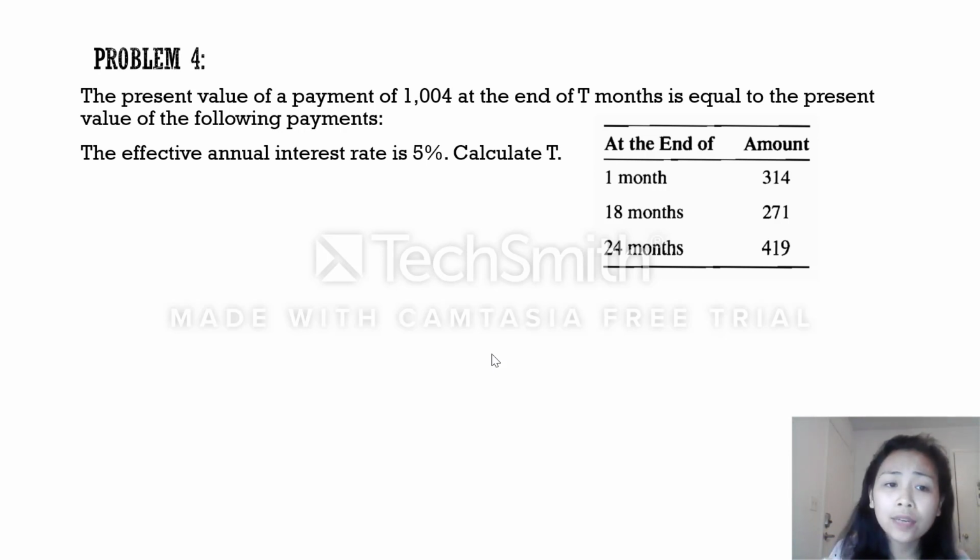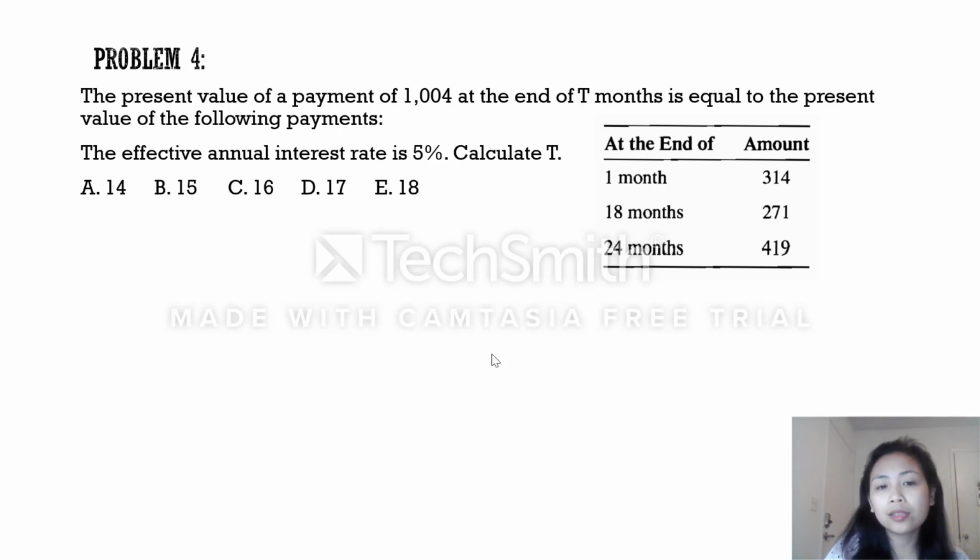In this question they give you an effective rate, so we are not going to use equated time, but we are going to use methods of logarithm. And the question gives you 5 answers for t: 14, 15, 16, 17, 18. Here t is months, not years, so be careful when you make calculations.